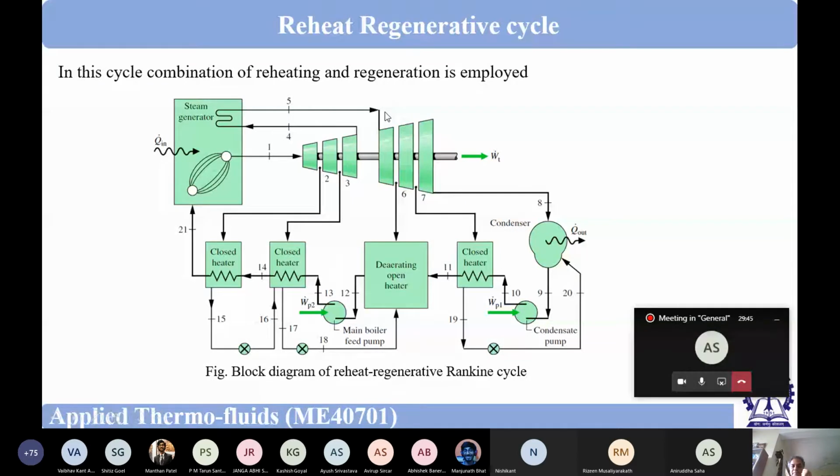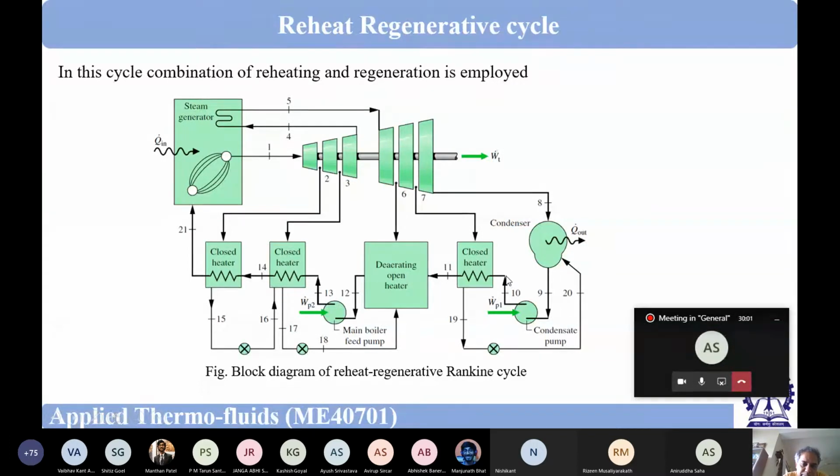Now I request you to be a little bit more careful. Let us see the first closed heater. So here, what is happening?